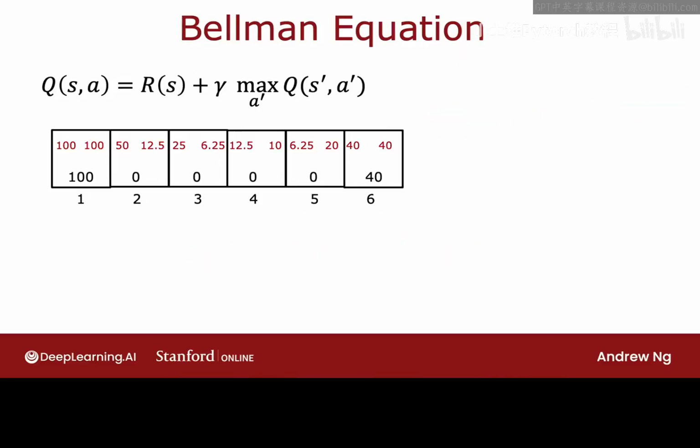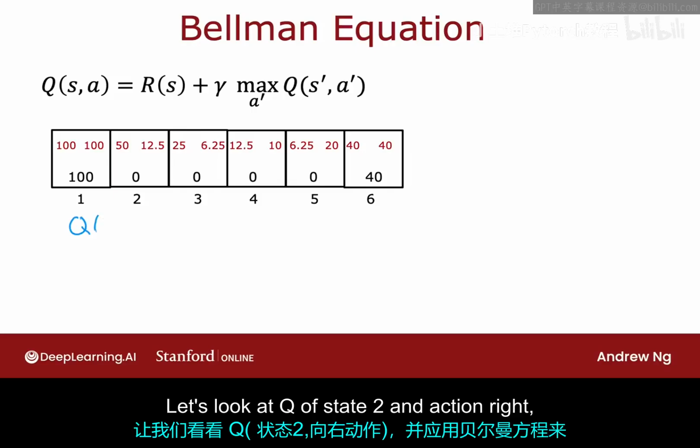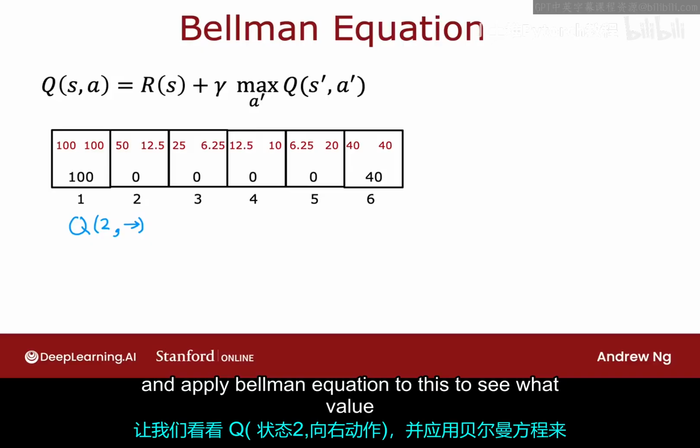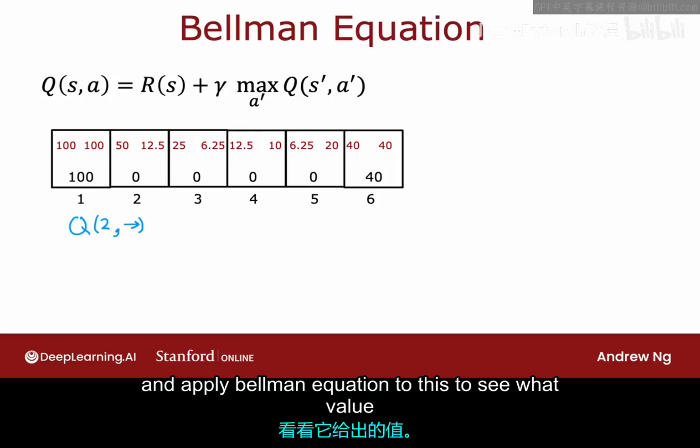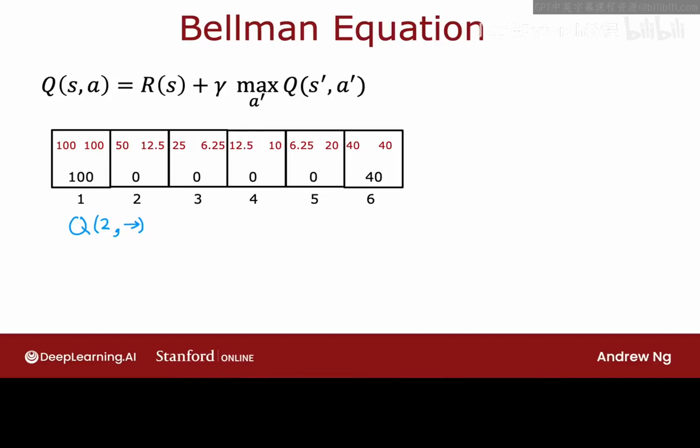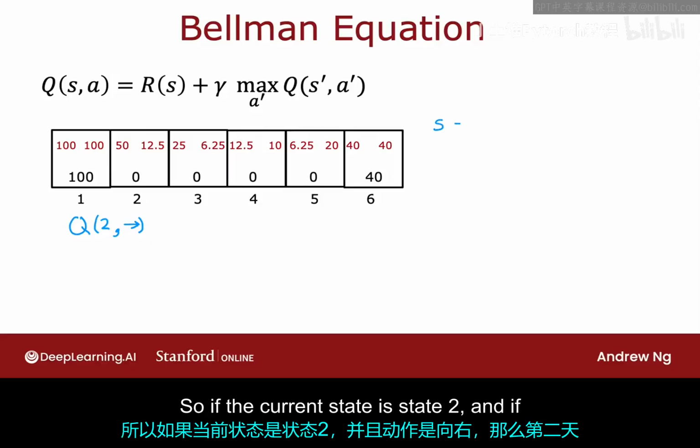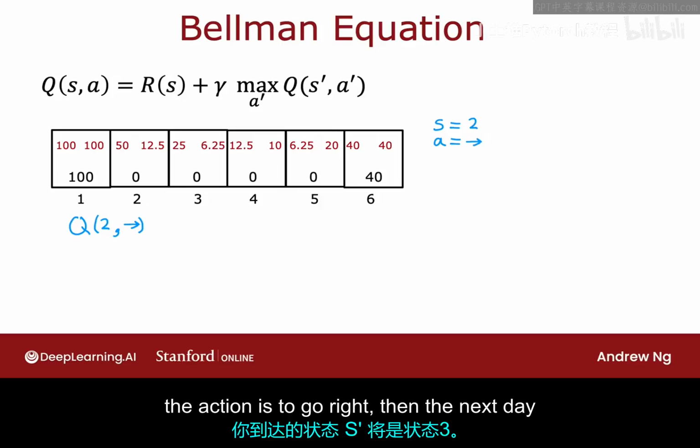Let's look at an example. Let's look at Q of state 2 and action right, and apply the Bellman equation to this to see what value it gives us. If the current state is state 2, and the action is to go right, then the next state you get to after going right, S prime, would be state 3.